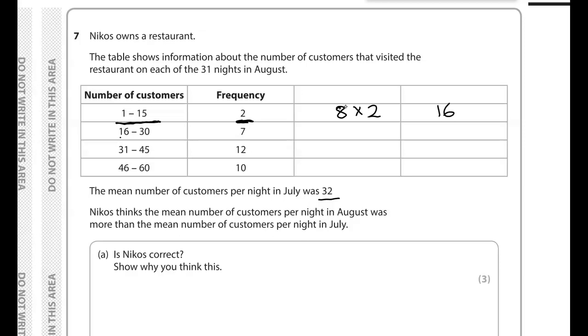The midpoint here is going to be 23, which we're going to multiply by 7, and that is 161. The midpoint between 31 and 45 is 38, which we're going to multiply by 12, and that gives us 456.